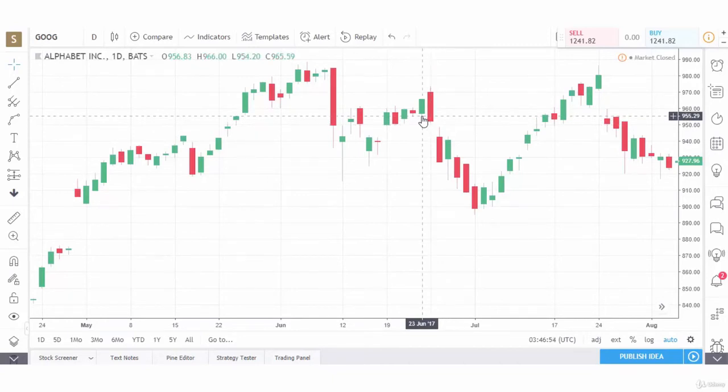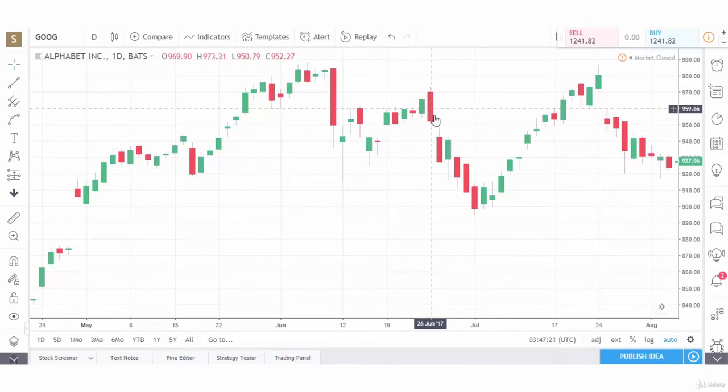We have a single candlestick that's bullish on January 23rd. And then the next day, which is the 26th, this candlestick develops, and you can see it's both longer on the upside and longer on the downside than the candlestick from the day before.